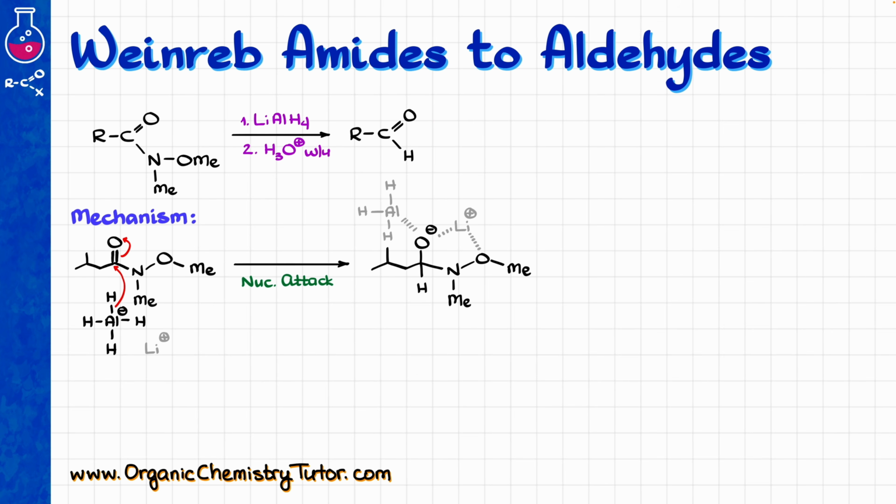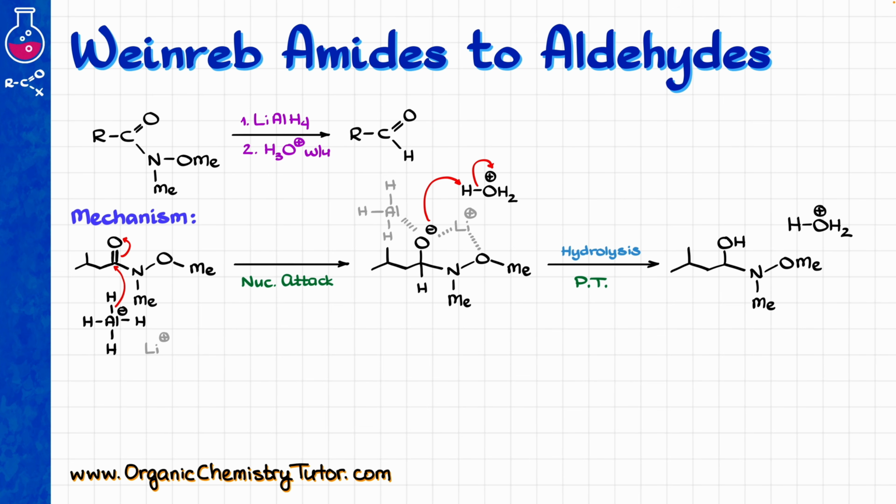But if we do want to get our final product, an aldehyde in this case, we are going to bring our acid. So step number one here is going to be a simple proton transfer like this, giving us the corresponding protonated species. Then from here we are going to go through the regular hydrolysis steps, so I'm going to bring another equivalent of my acid.